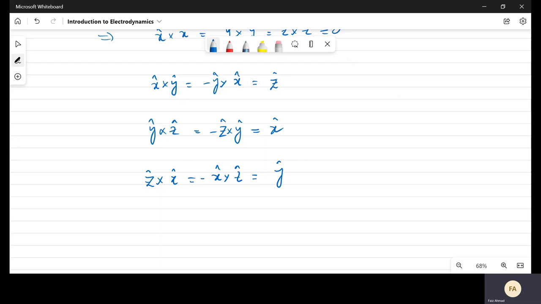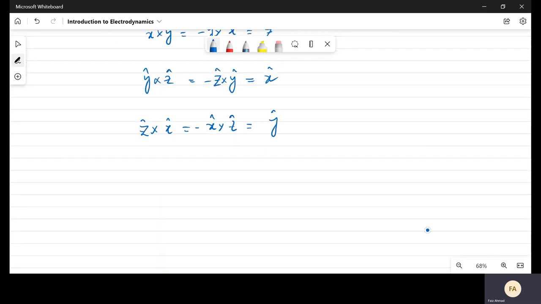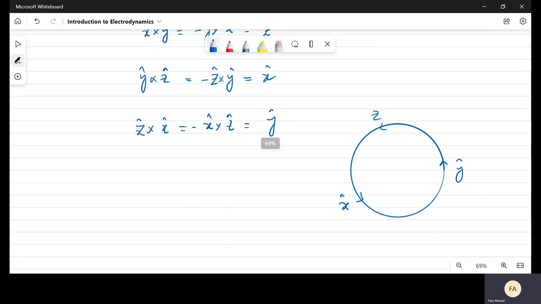And usually I used to remember using an anti-clockwise circle. So we have x here, y here, and z here.